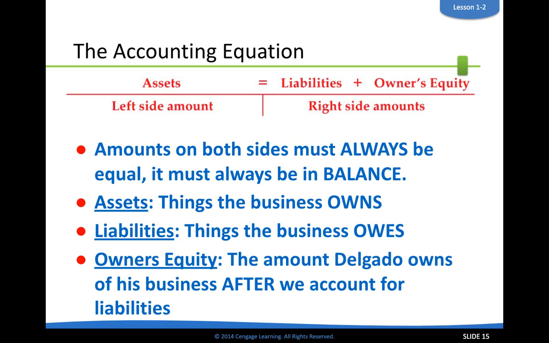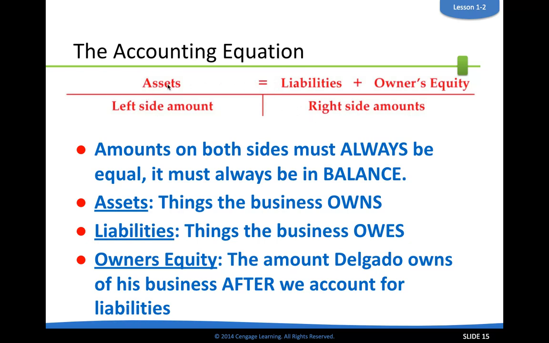So we can see the accounting equation listed up here, just like we saw, assets equals liabilities plus owner's equity. And then we have a T-chart right here. And we're going to be working with a lot of these T-charts in accounting, but we have left side amounts and right side amounts. And as we start to record these transactions, we need to know that these two sides of the equation need to always be equal.